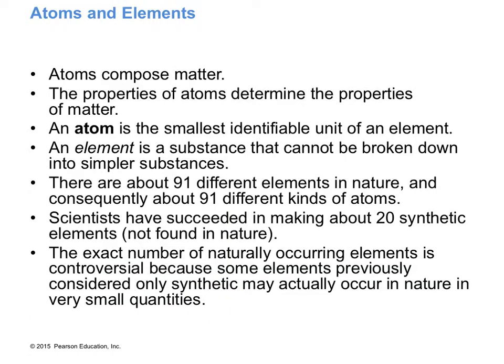Now, just to do a review, like I said, most of this is just a review. Atoms are composed of matter. It's the smallest identifiable unit of the element, as I mentioned before. I won't ask you about the numbers and the fact that there are 91 that occur in nature and 20 or so that are synthetic, because it is kind of controversial, since some of the ones they thought were only synthetic may occur in trace amounts in nature.